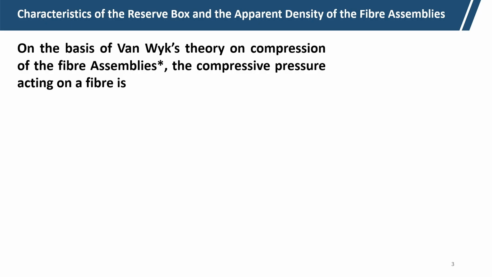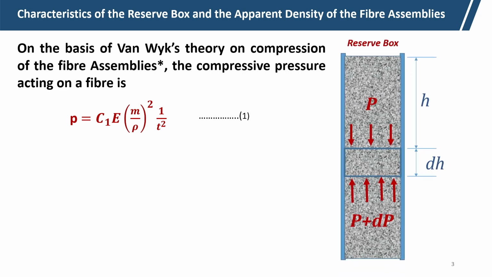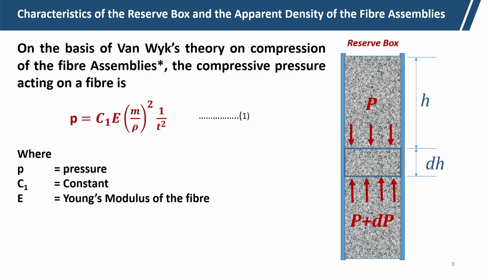So, we will take that equation. The compressive pressure acting on the fiber assembly, as expressed by Van Wyck, is P equal to C1 E multiplied by m by rho square multiplied by 1 by T square, where P is the pressure on the fiber tuft, C1 is a constant, E is the Young's modulus of fiber.